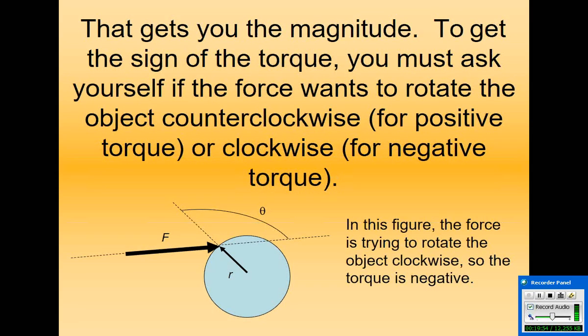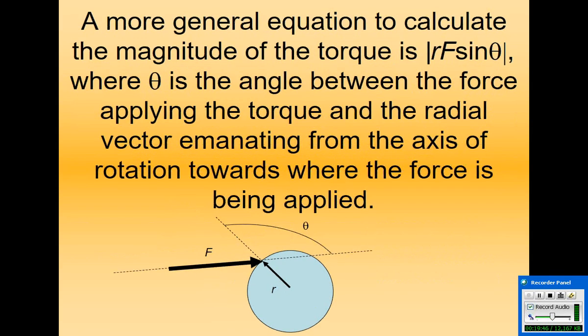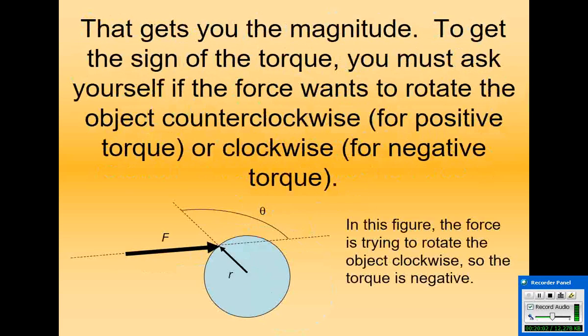If you're pushing directly on a door, then theta is 90 degrees, and the sine of 90 is 1. And that's the maximum possible value you can have. So the magnitude of the torque is R F sine theta, but don't forget the sign of torque, as we discussed.